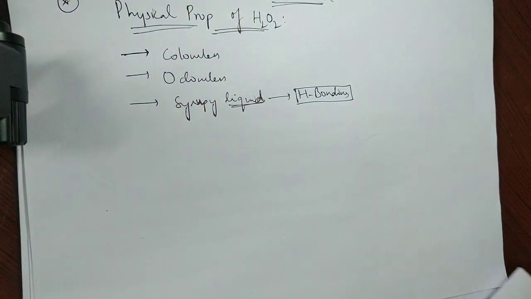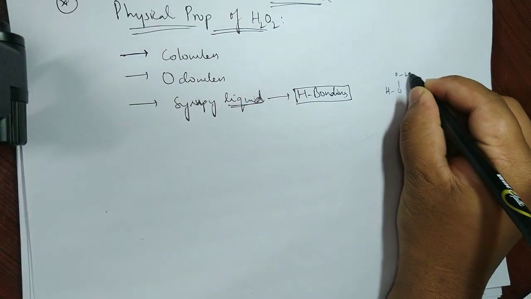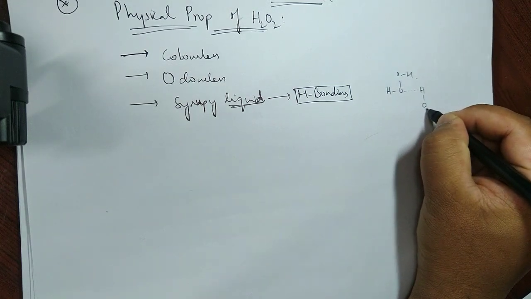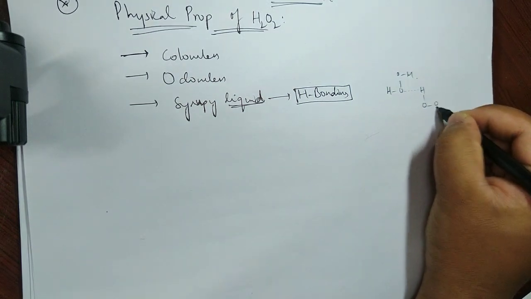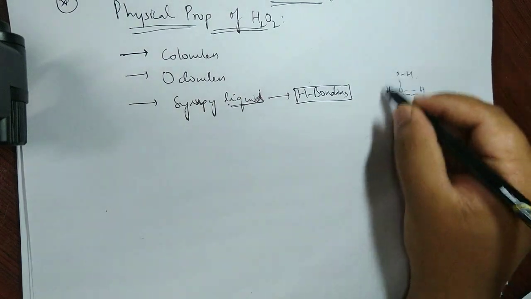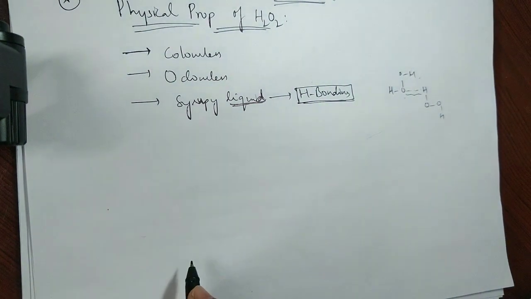Now this open book like structure of one molecule of H2O2 will have H bonding with another molecule of H2O2. This is hydrogen bonding, and because of this hydrogen bonding, it exists as a syrupy liquid.